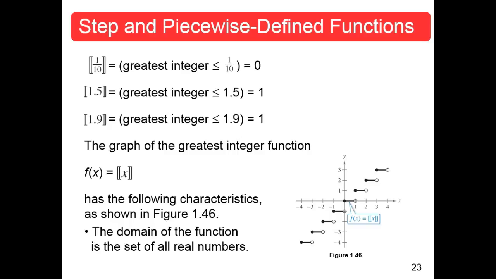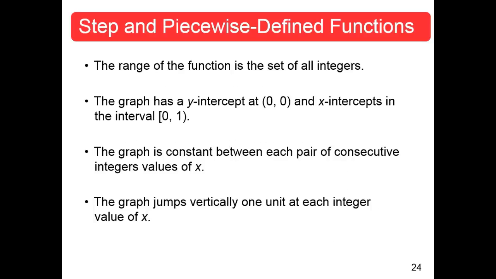The x-intercepts are everything between 0, 0, and 1, counting 0, 0, but not counting 1, 0. So that would be a parentheses there. So that's why the x-intercepts are an interval. The y-intercept, of course, is a point. The y-intercept will never be an interval.